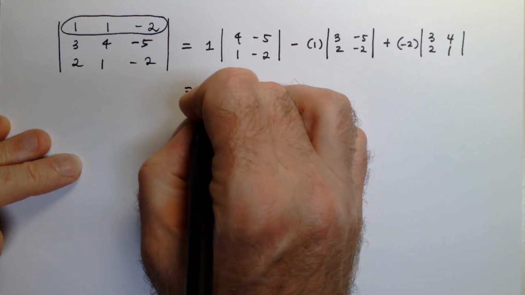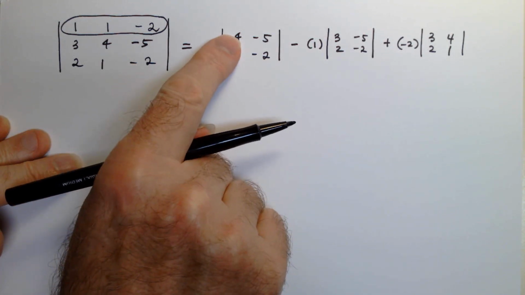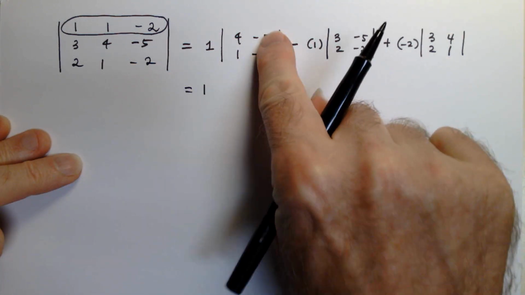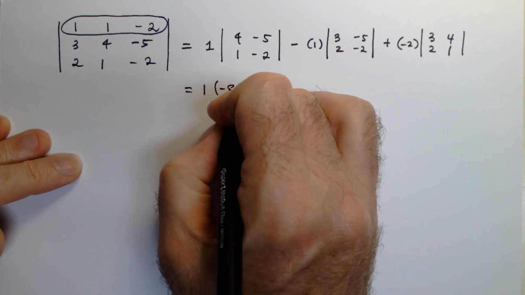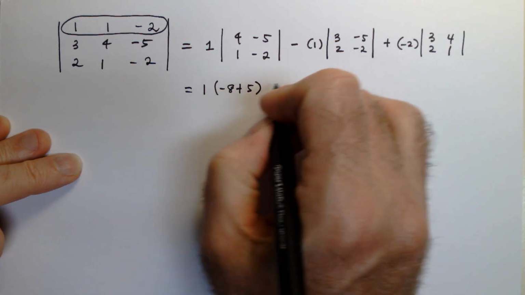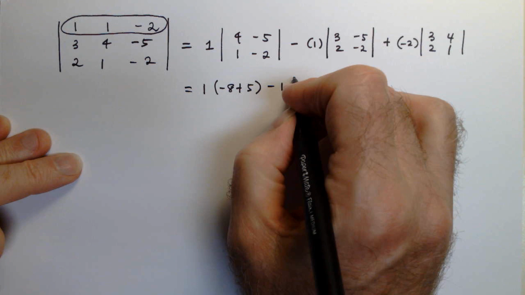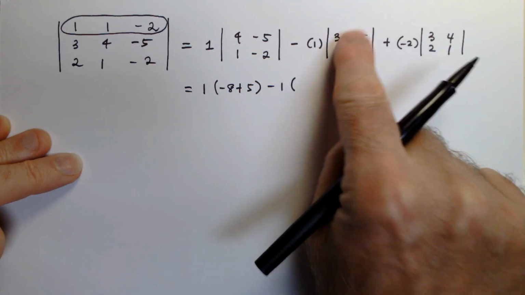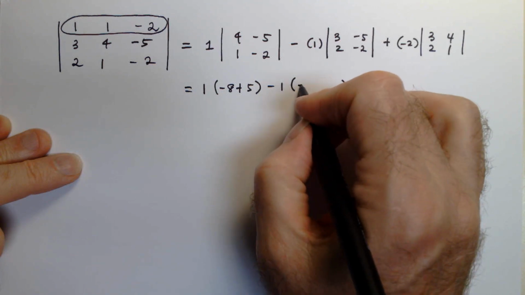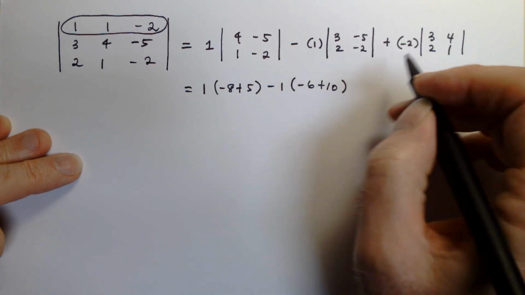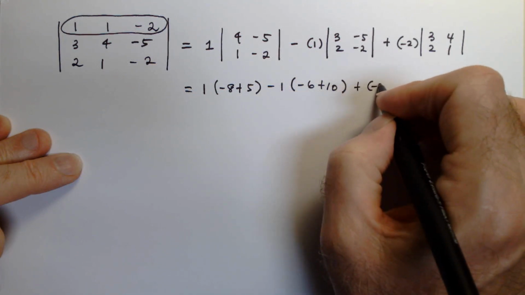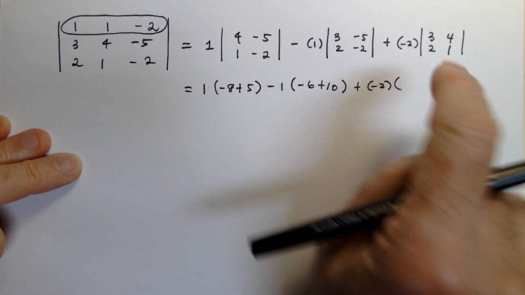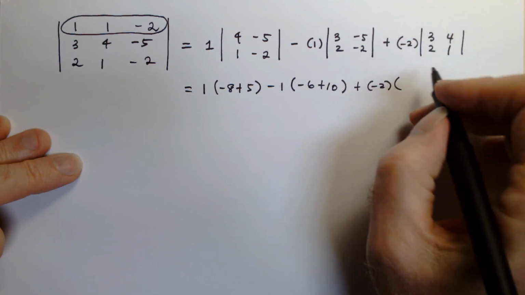So let's continue. We'll have 1 times, so this is going to be -8 plus 5. Then we'll have this -1 times -6 plus 10. And then finally, we'll have this -2 times 3 minus 8.